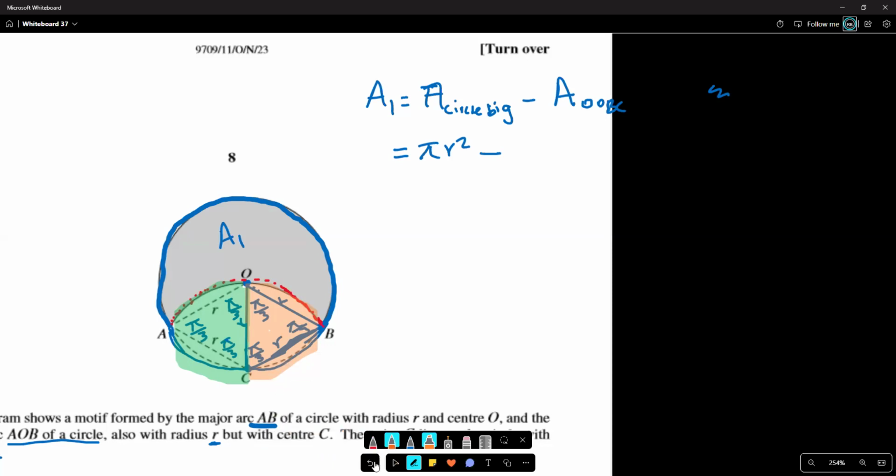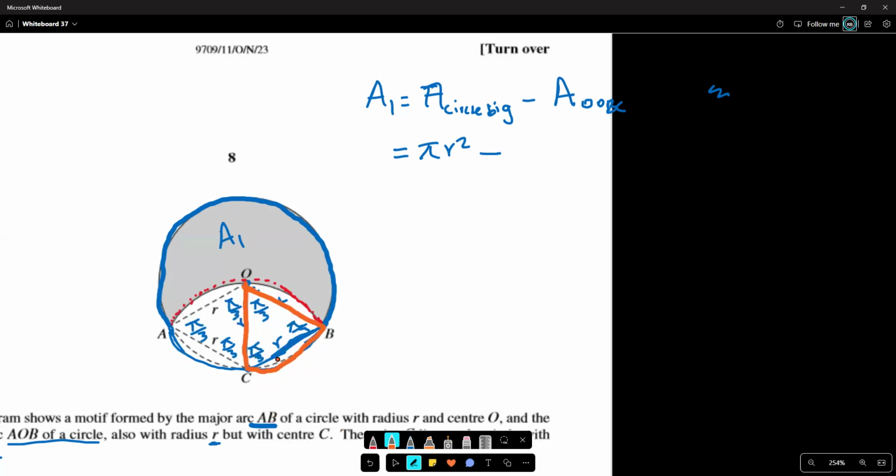I'll show you something now. Let me remove the highlights. So here I have this. I can find this area here. Right. I can find that area, which is the area of a sector, right?